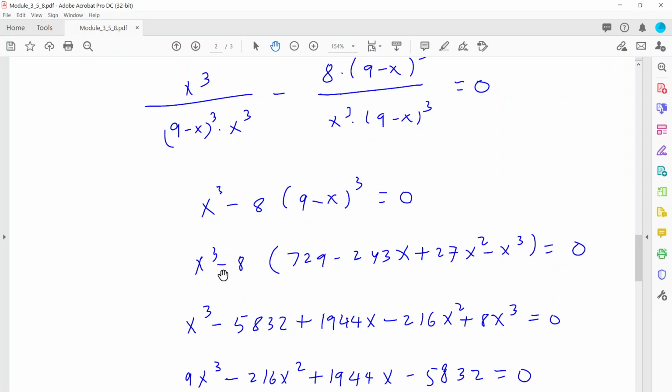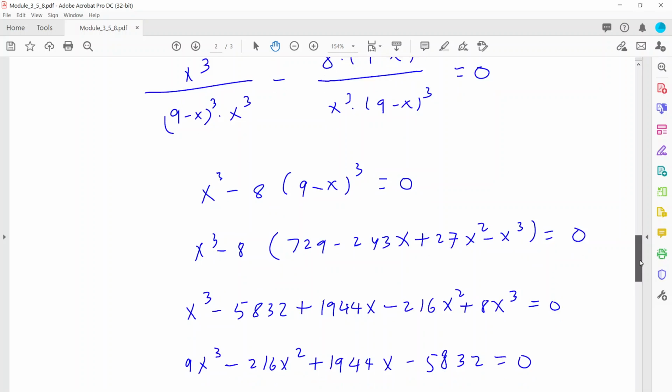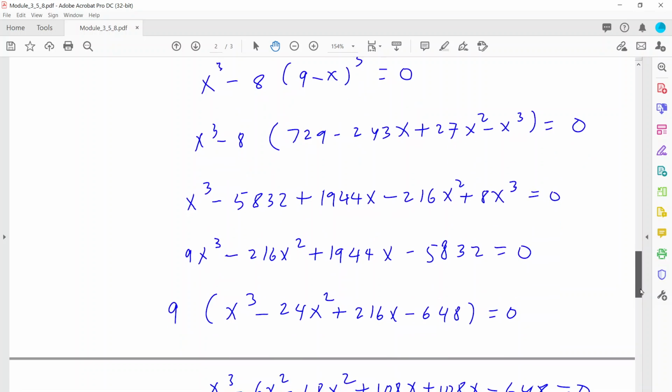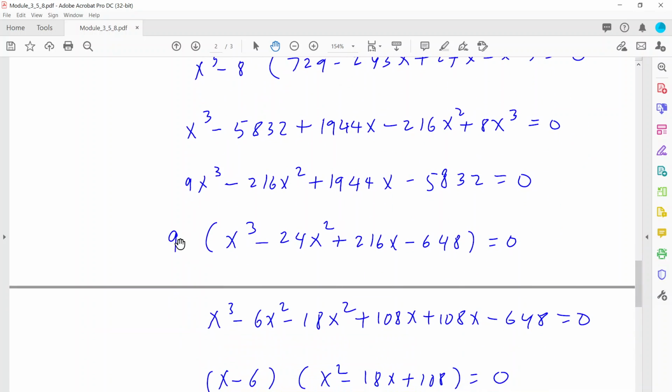There is a negative 8 in front, so distribute this negative 8, and this is what you get. Now there will be positive 8x cubed and positive x cubed. If you combine them, it's going to be 9x cubed, and you can factor out 9. After you factor out 9, because 9 is not 0, this thing must be equal to 0.